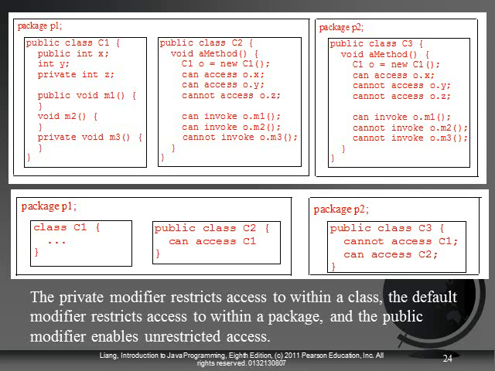Now, package 2, class 3, also instantiates a class 1 object, but because it's not part of the package 1, it cannot see or use Y or M2 since they are not explicitly declared as public. They are implicitly declared, but not explicitly.